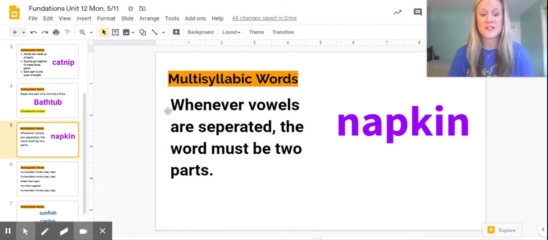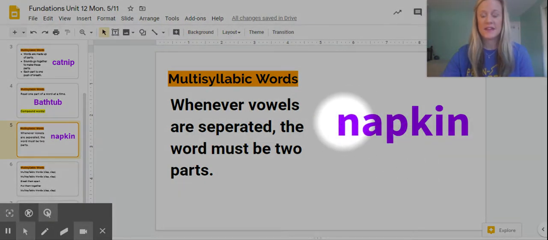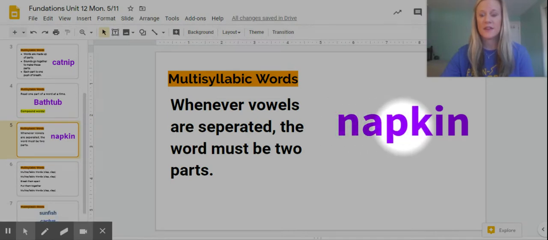Whenever vowels are separated, the word must be two parts. So if we look at this word here, nap, kin, napkin, the vowels are separated by our P and our K there. So it's showing that there are two different parts coming together. All right.